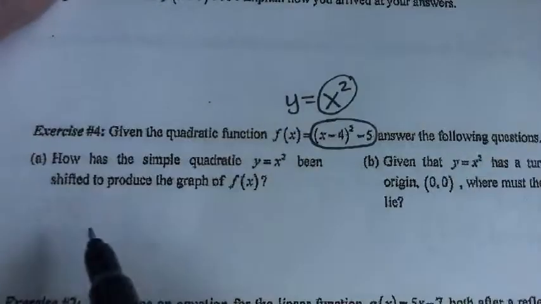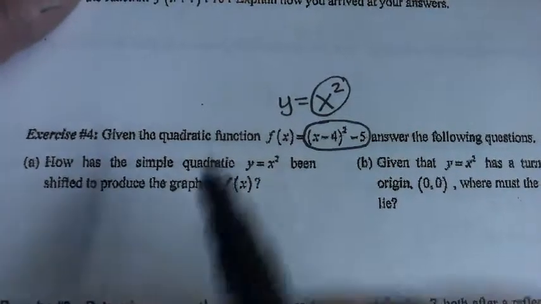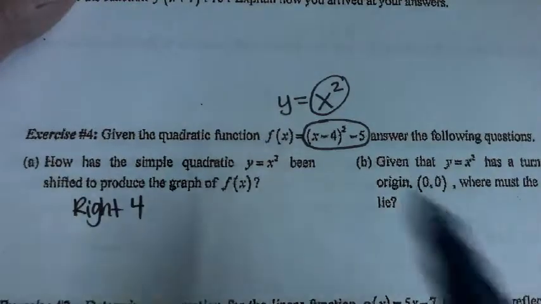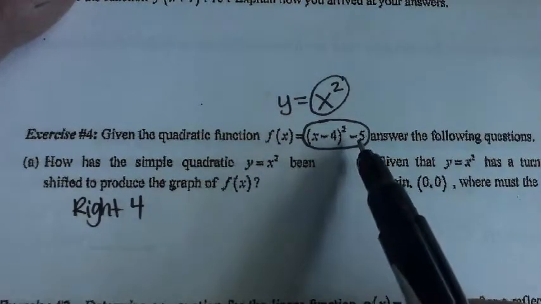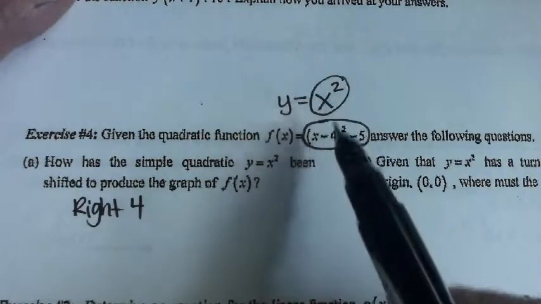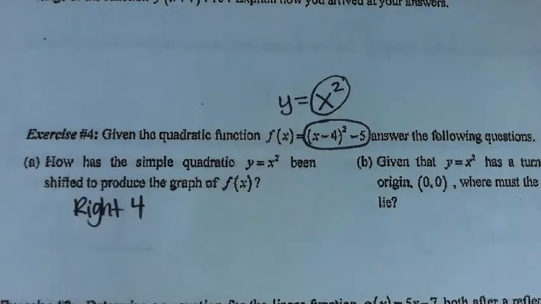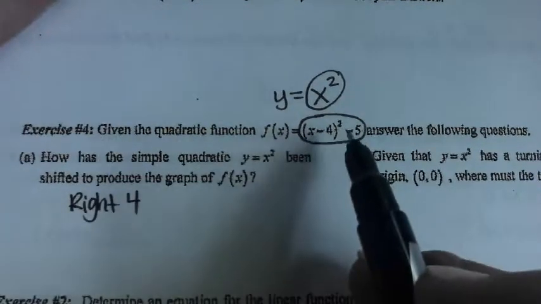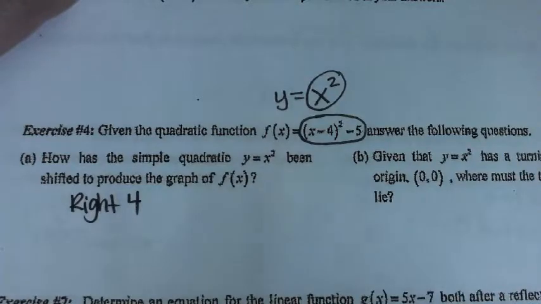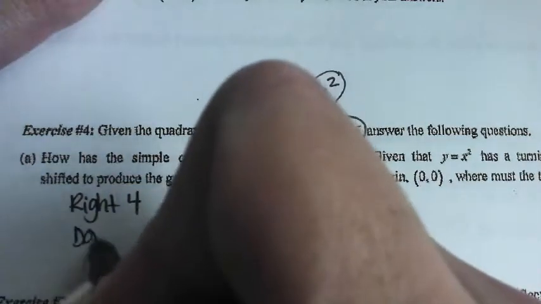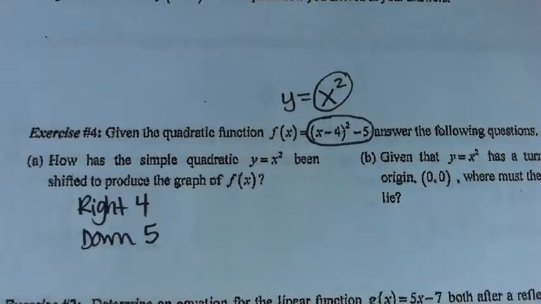Good. So how has the simple quadratic been shifted? Right 4. And this -5, can we all agree that that's after and outside of the function? And so -5 means it has been shifted down 5. Okay? Does that make sense?